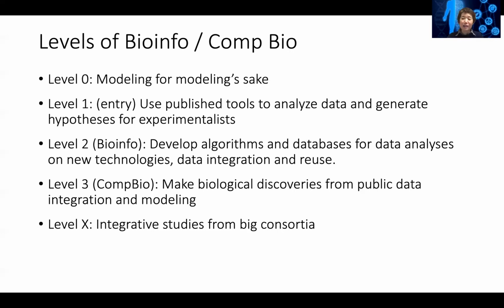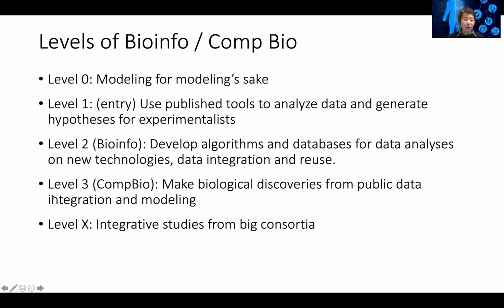And when a technique becomes more popular, there are more and more public data generated. Usually there will also be a need to reuse publicly available data and integrate them together to make discoveries.